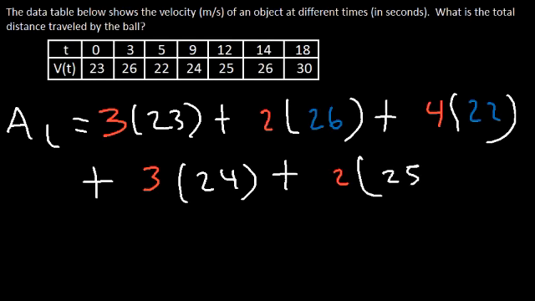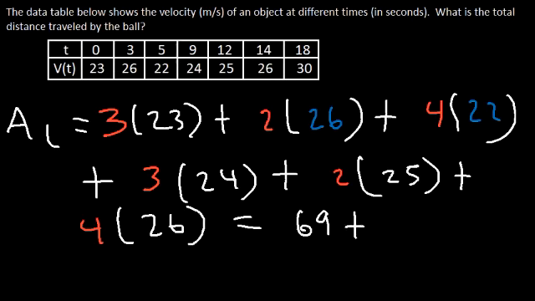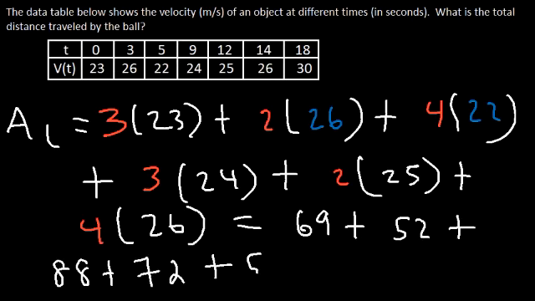So we're going to choose all of the y values except 30. So for the last one, between 14 and 18, delta t is 4, and we're going to use 26. So let's go ahead and get the answer. So 3 times 23 is 69, 2 times 26 is 52, 4 times 22 is 88, 3 times 24, that's 72, 2 times 25 is 50, 4 times 26 is 104.